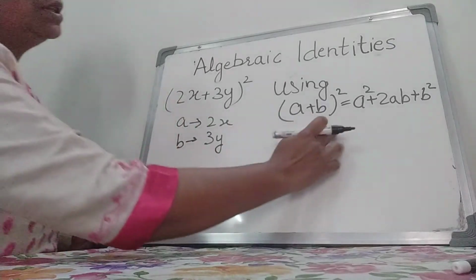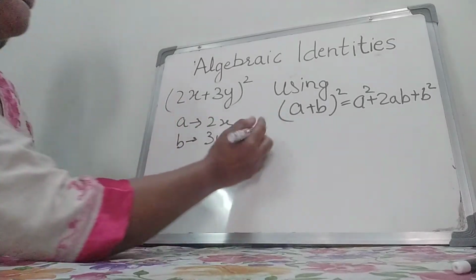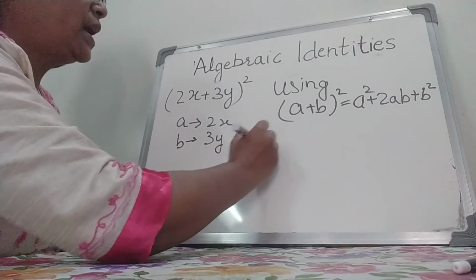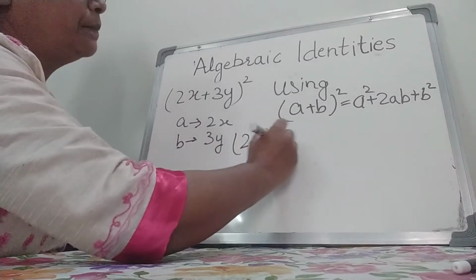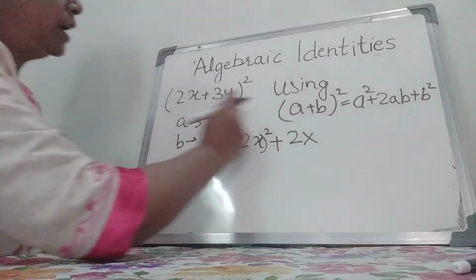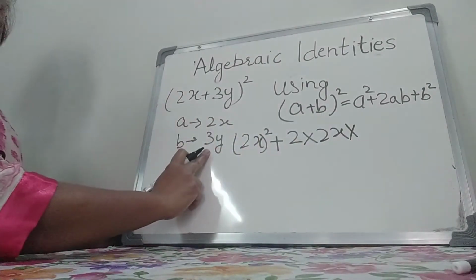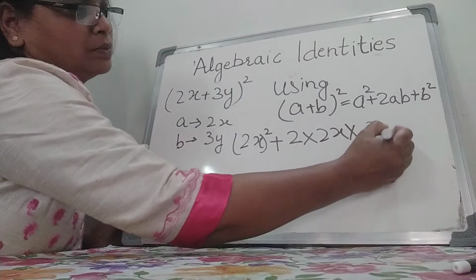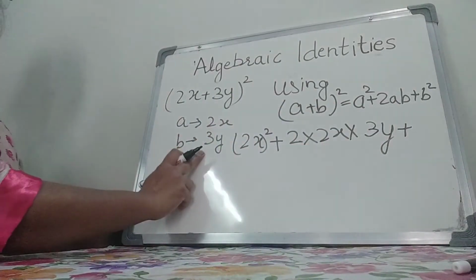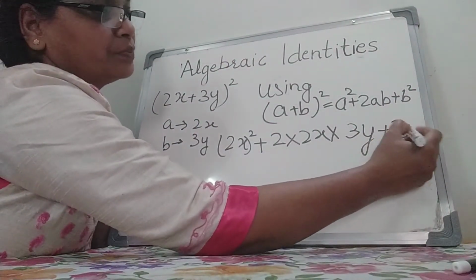We'll solve using this identity. So (2x) whole square plus 2 into a, meaning 2x, into b, meaning 3y, plus b square, meaning (3y) square.